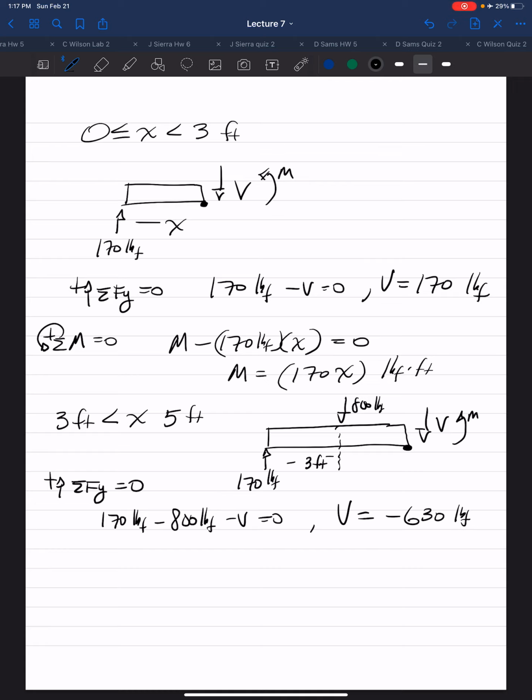Taking your moments here, you have your M minus your 170-pound force times your total distance, which would be x, plus your 800-pound force times the distance here to here.